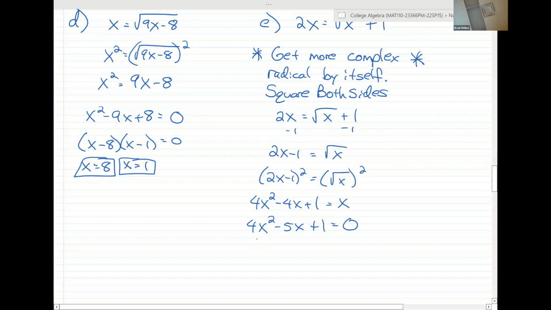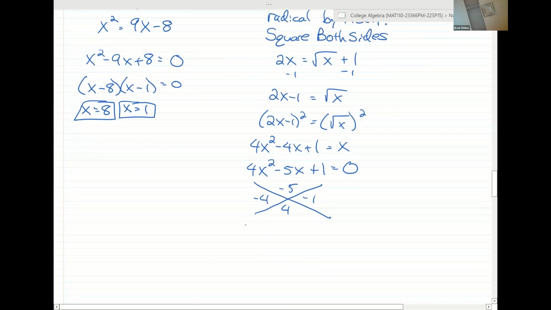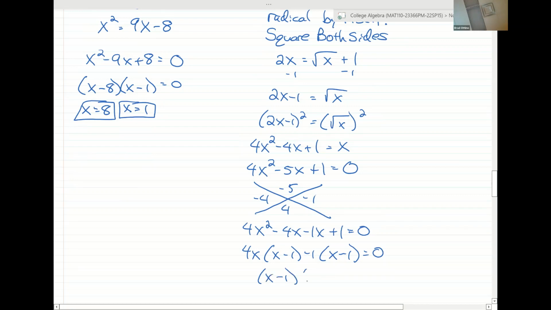Factoring, the numbers that multiply to 4 and add up to be negative 5 are negative 4 and negative 1. So just like we usually do, 4x squared minus 4x minus 1x plus 1 is 0. 4x minus 1 times x minus 1 is 0. X would be 1 and x would be 1/4.